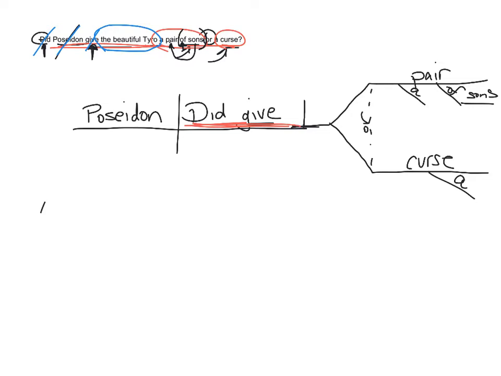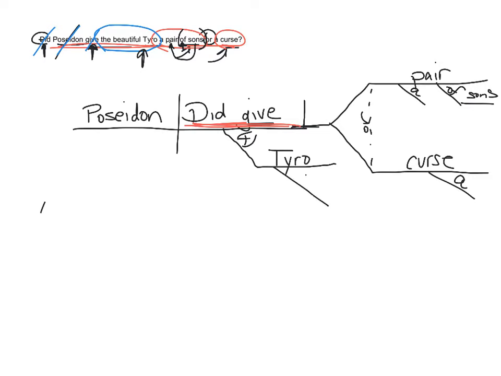I could say, did Poseidon give a pair of sons or a curse to Tyro? Yep, that could have been a prepositional phrase, which means it has to go on a prepositional phrase line. However, it's not a prepositional phrase. We have an unknown preposition that got left out, Tyro. That is your indirect object.